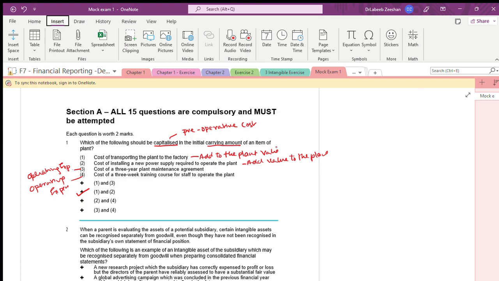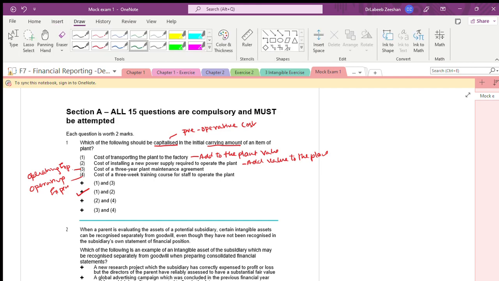Listen carefully. Why the cost of a 3-year plant maintenance agreement we will not add it? Because it is an operating cost after the plant is purchased. After purchase, these are expenses.